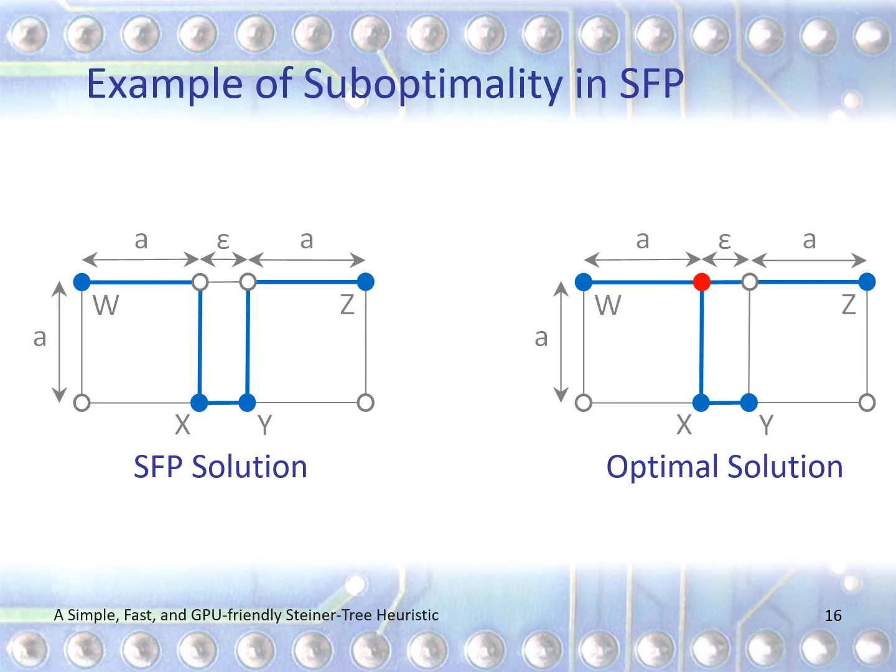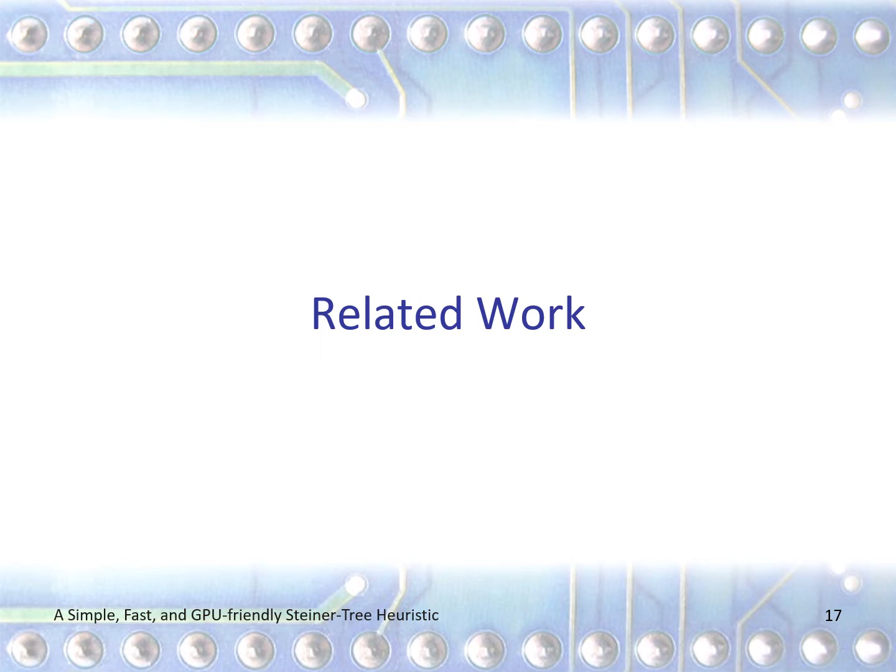If we take the limit as epsilon approaches 0, which is the worst case, we see that our heuristic causes 4/3 of the wire length of the optimal solution, i.e. a 1/3 suboptimality.